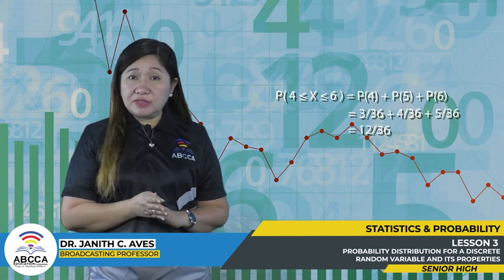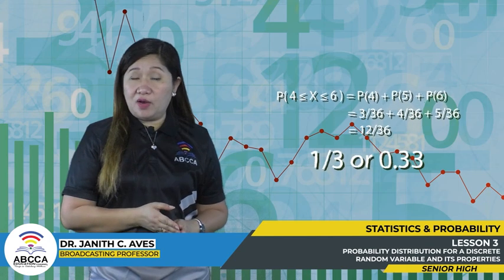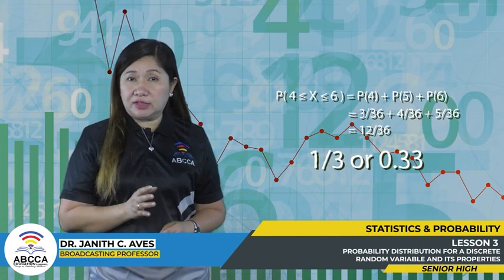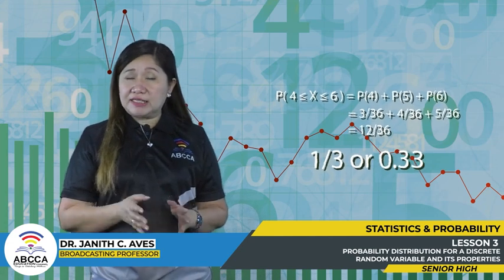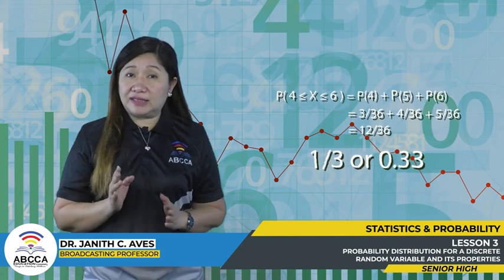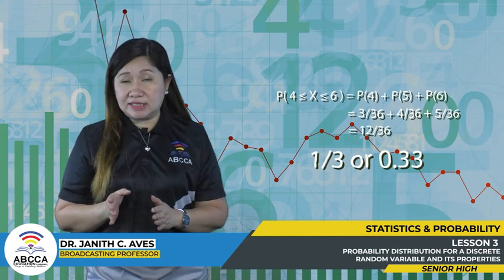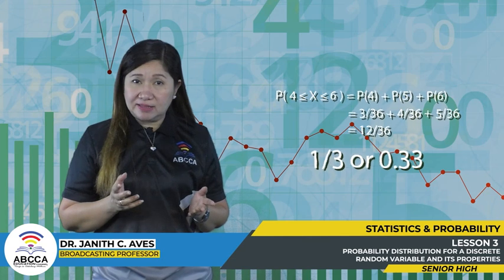And reducing that to lowest term gives us 1 over 3 or 0.33 in decimal. That means there is a 0.33 chance of getting a sum between 4 to 6 when we throw a pair of dice.